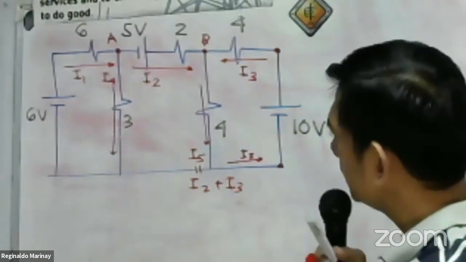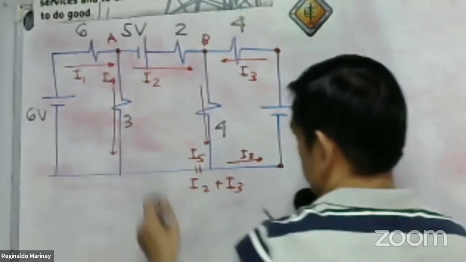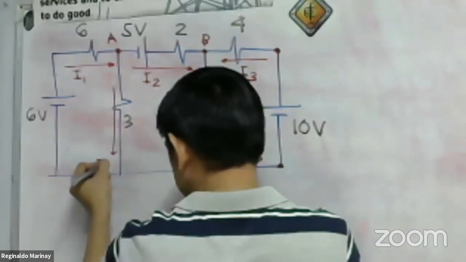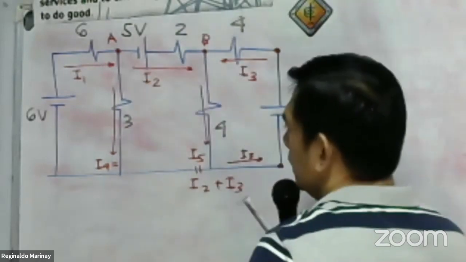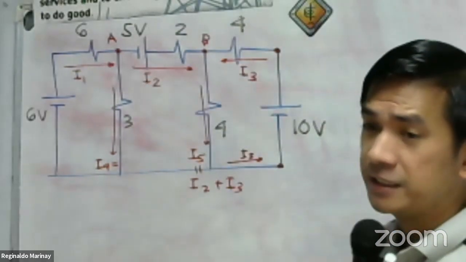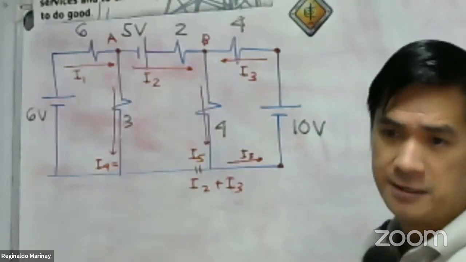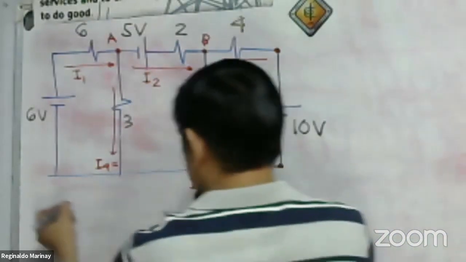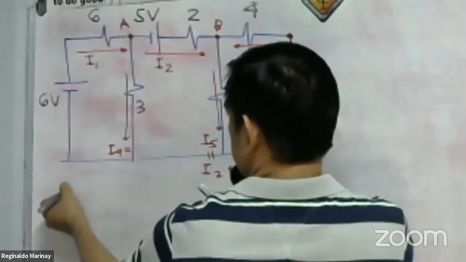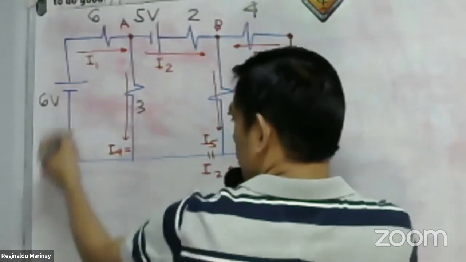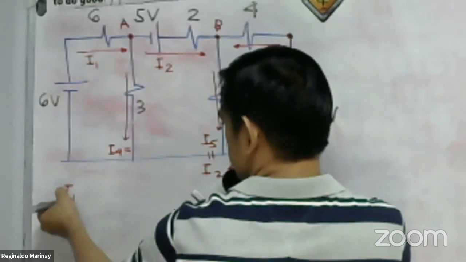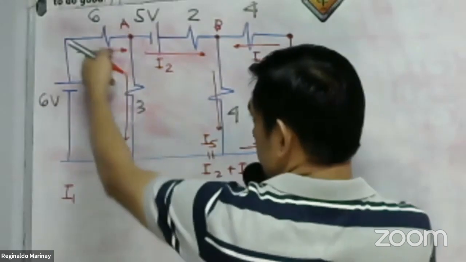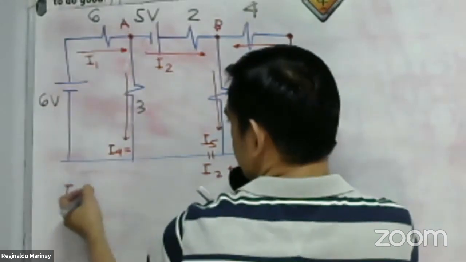Okay? What about now for I4? I will replace I4 here. What is the value of I4 by Kirchhoff's current law at node A? Take a look. I will put here as a scratch solution. So we have here I1 is equal to, the current entering is equal to the current leaving.